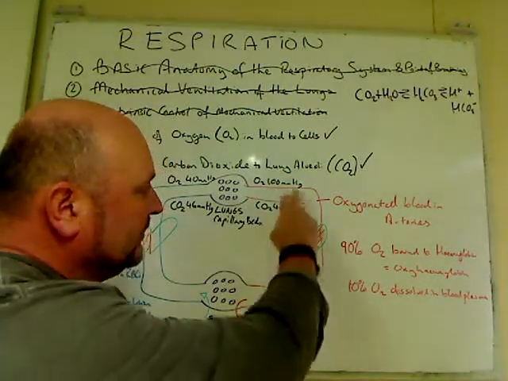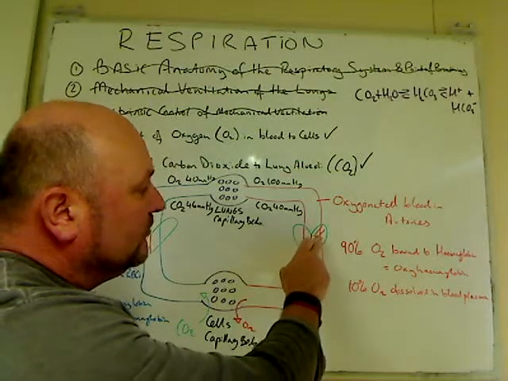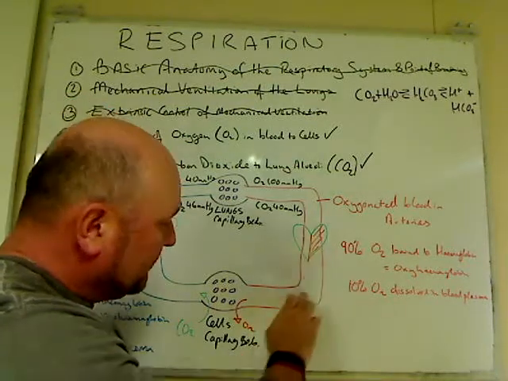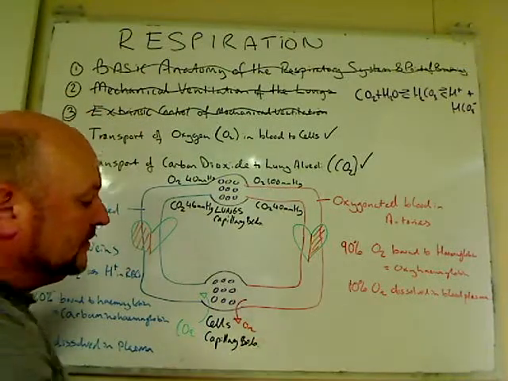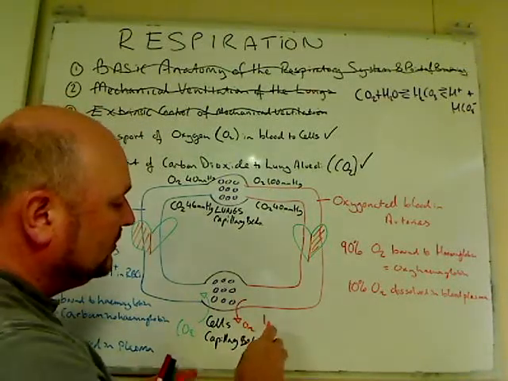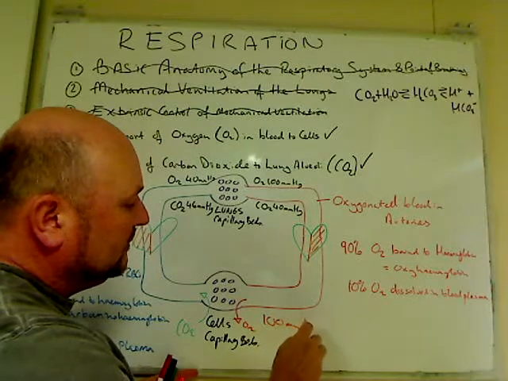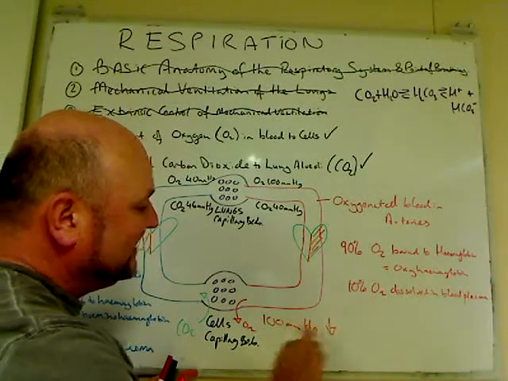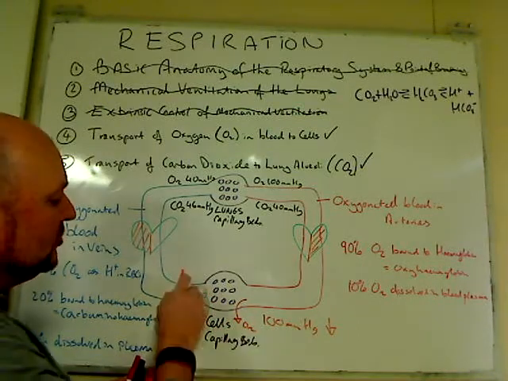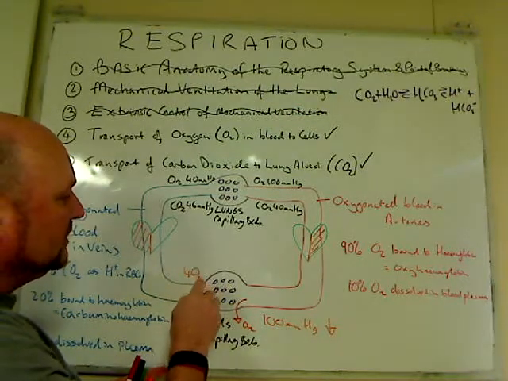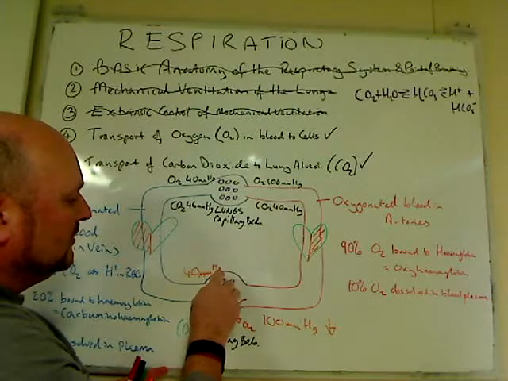And as that goes around and through the heart on the left hand side and gets pumped around the body into the capillary beds where the oxygen is offloaded, that 100 millimeters of mercury drops down as it comes through, and by the time we get to this side it has dropped down to 40 millimeters.